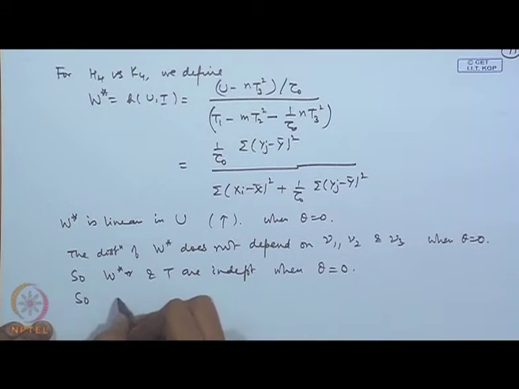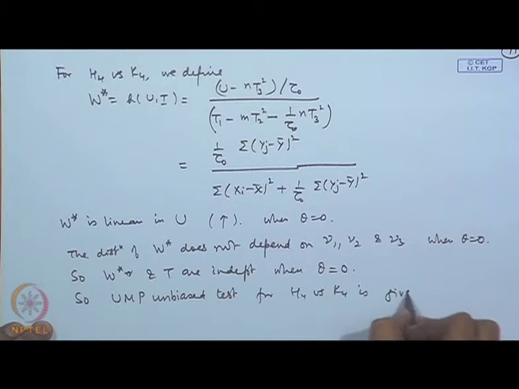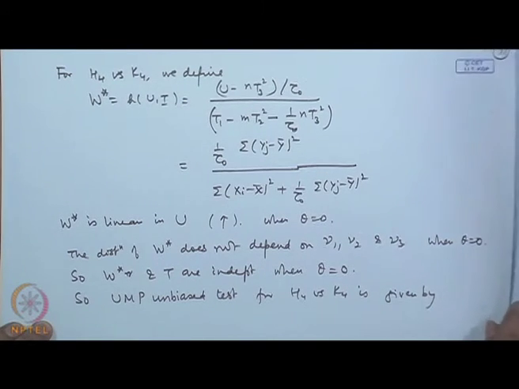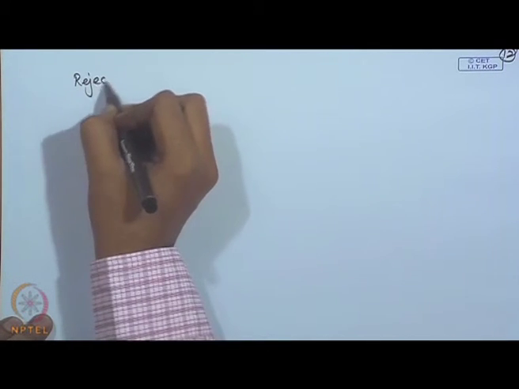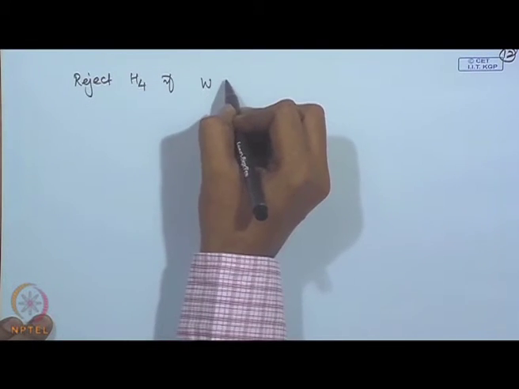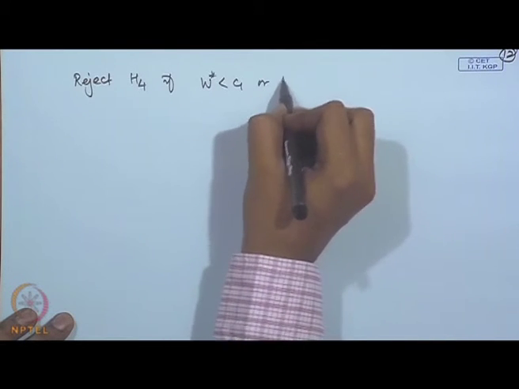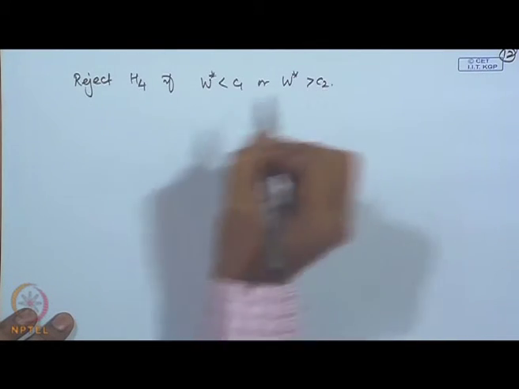So, the UMP unbiased test for H4 versus K4 is given by: reject H4 if W star is less than C1 or W star is greater than C2.